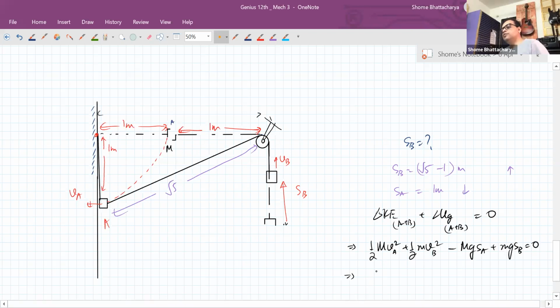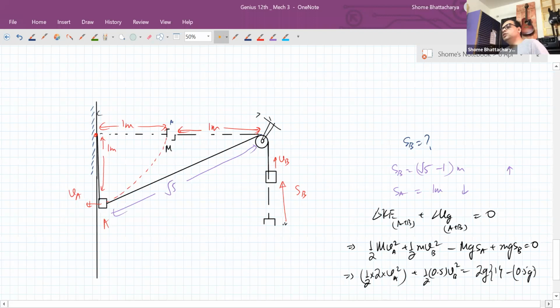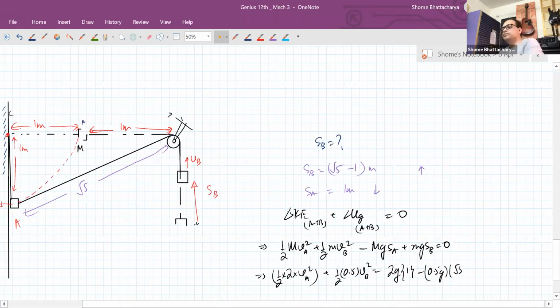So we have this relation: half into 2 into vA square plus half into 0.5 into vB square is equal to 2g into 1 minus 0.5g into this factor, root 5 minus 1.